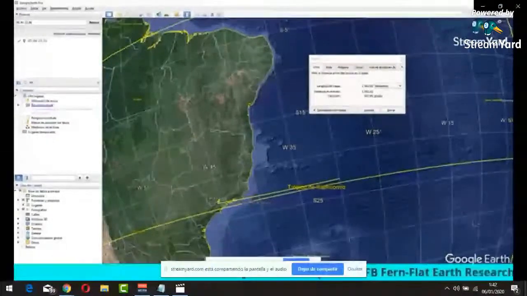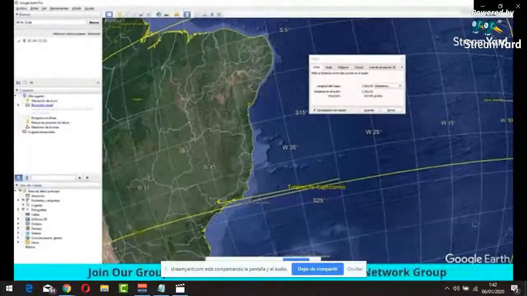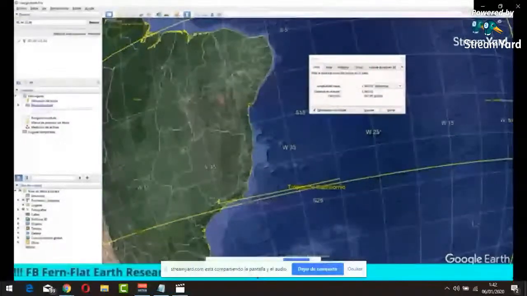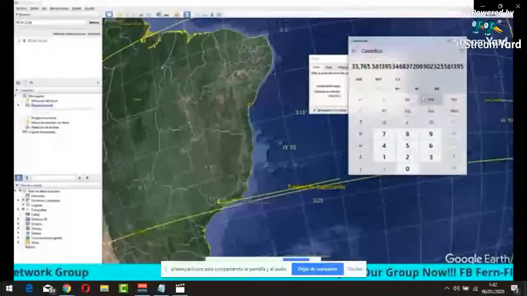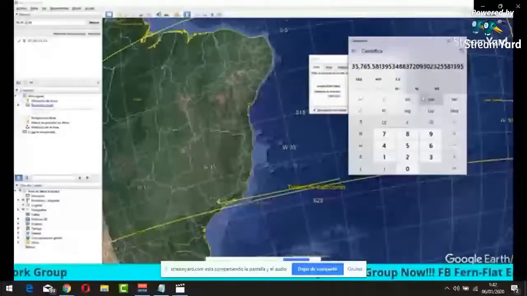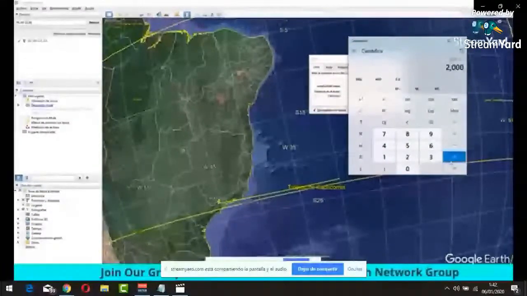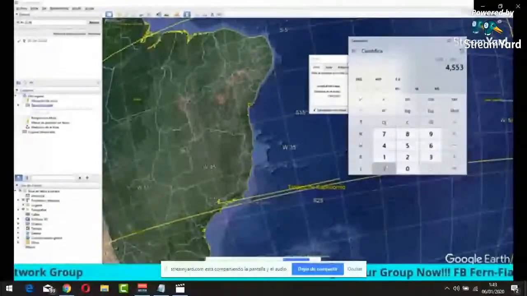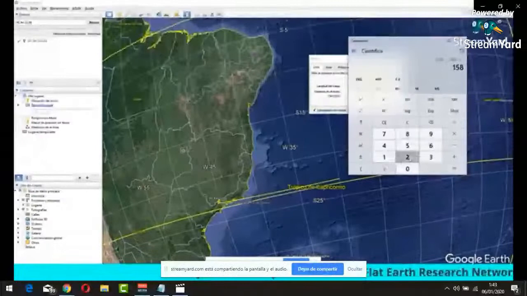So this is where we are getting our data from, the movement of the sun, and according to different applications and calculations we're trying to get this. This is just an explanation. Right now we don't need to be perfect. This is just to show the method.